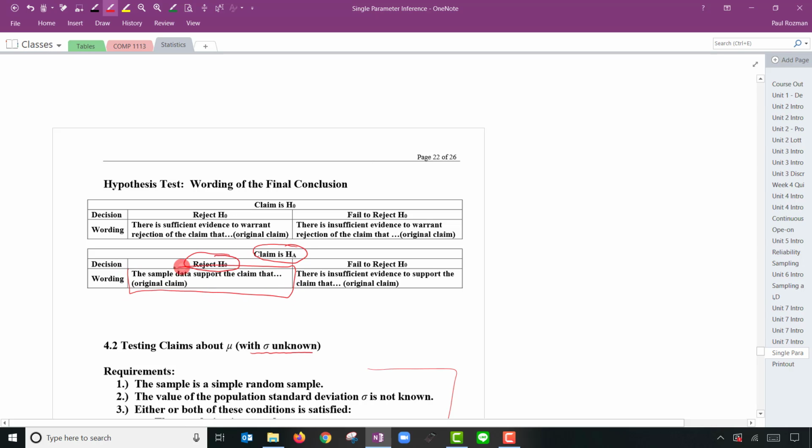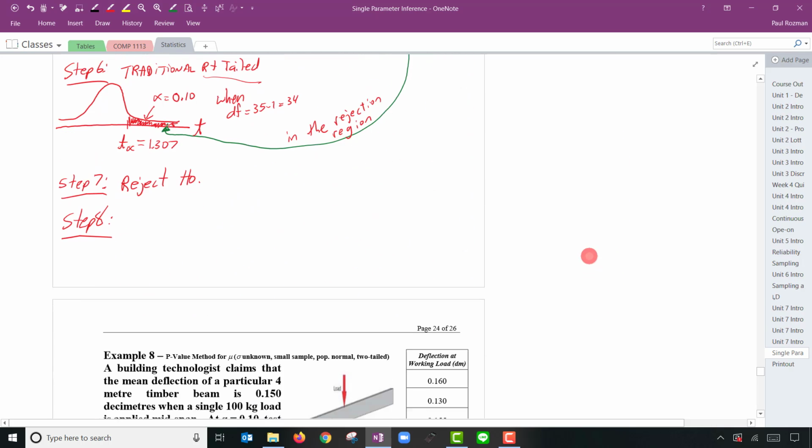So here's our wording. We can say that we support the claim. Rejecting the null hypothesis in this case means that we're supporting the claim. And we have a quantification for the probability of our error. So we get to say it fairly strongly. The sample data supports the claim. Is nice, strong wording.